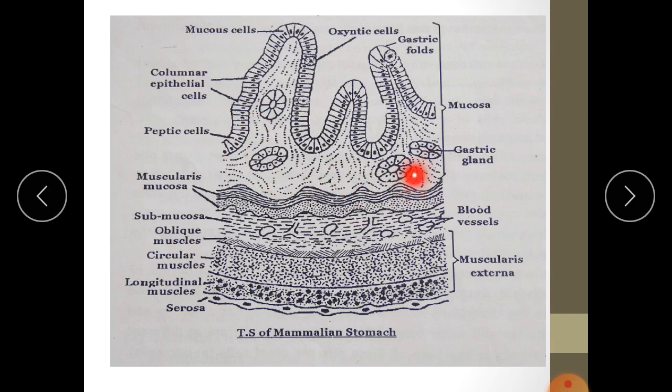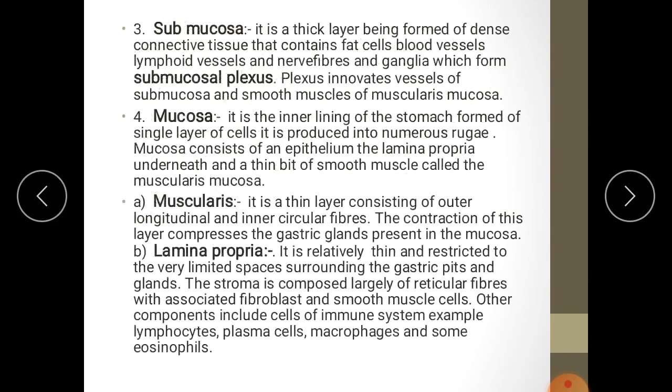Their squeezing is helped by the contraction of muscularis mucosa present here.